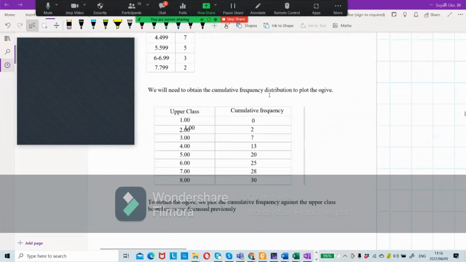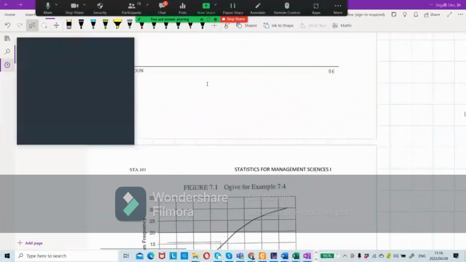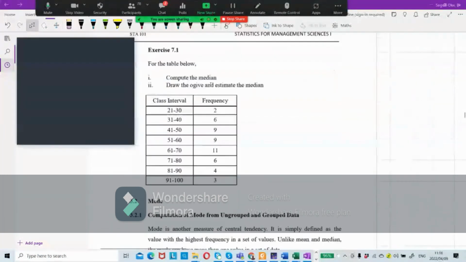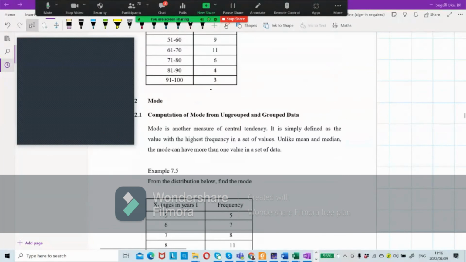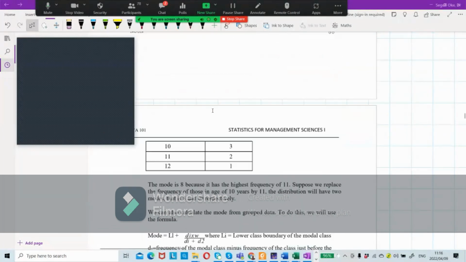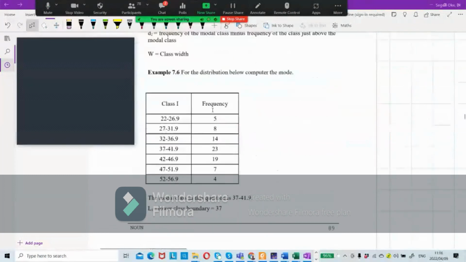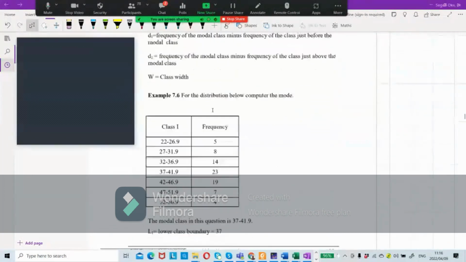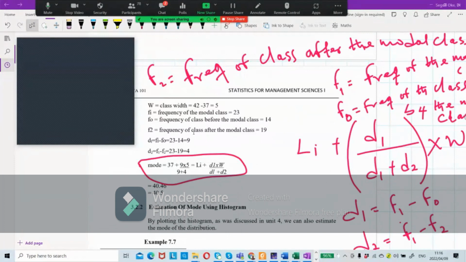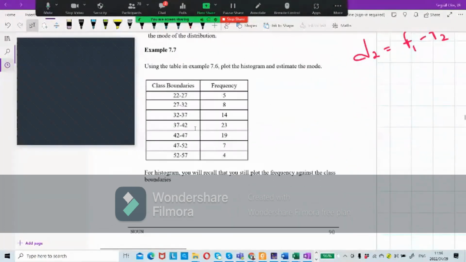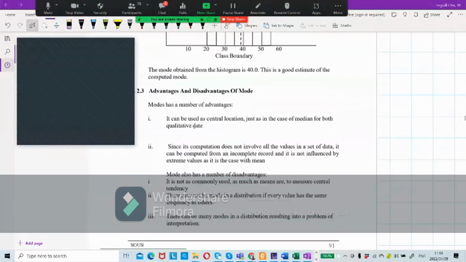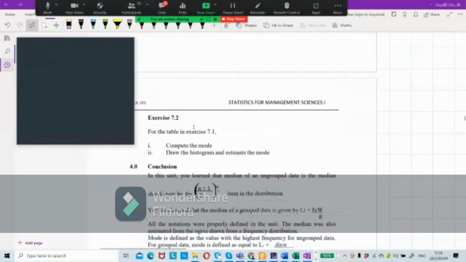We've solved ogive. You know upper class, you know lower class, you know the way they solve it. I think I've solved some of those chapter 7 also. We've solved chapter 7 rather. We don't really need all this chapter 7.